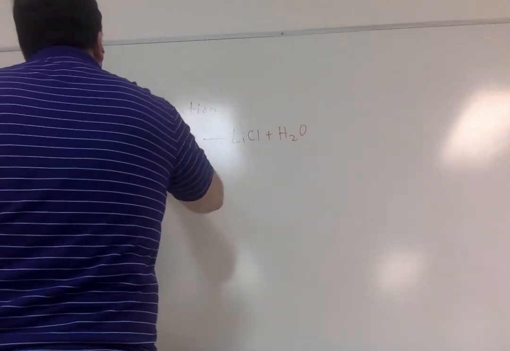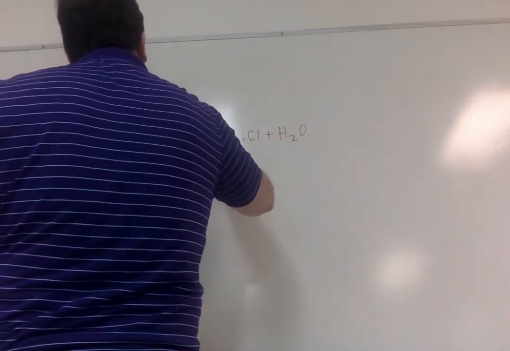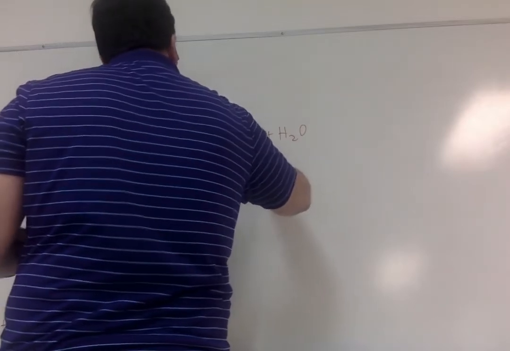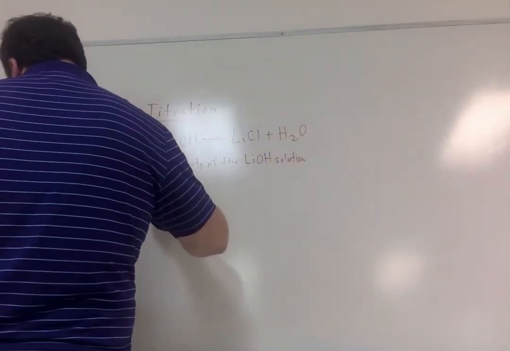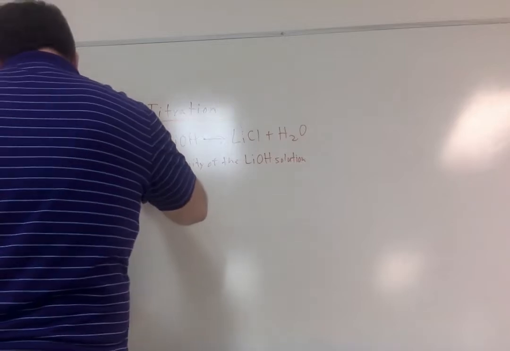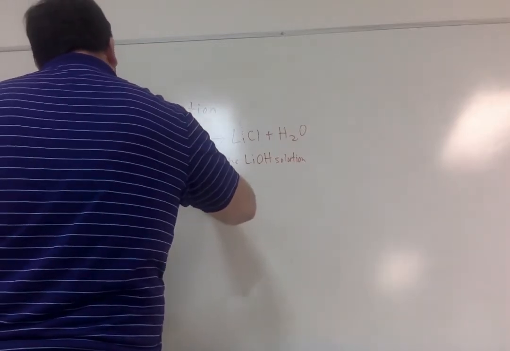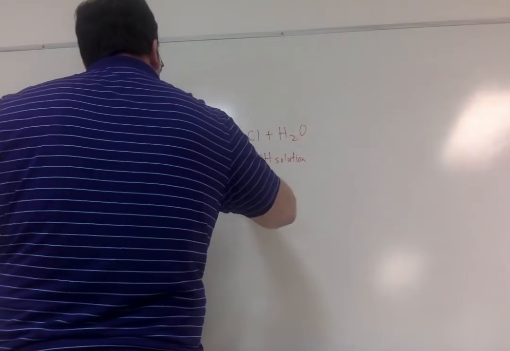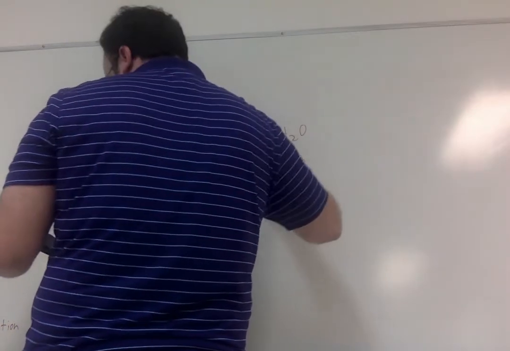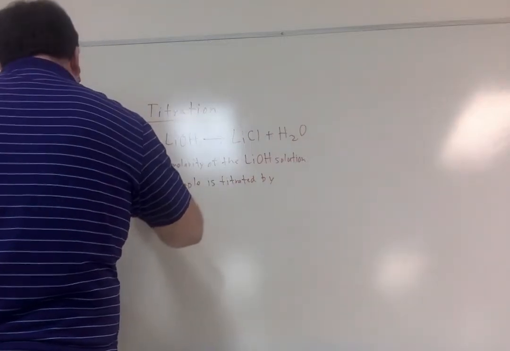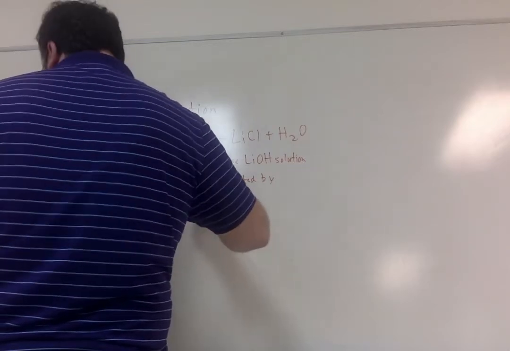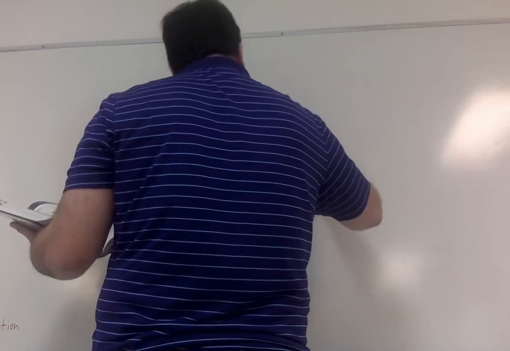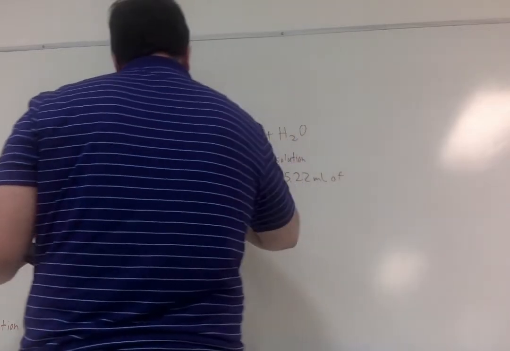So what is the molarity of the LiOH solution if a 25 milliliter sample is titrated by 0.334 molar HCl by 15.22 milliliters of solution.